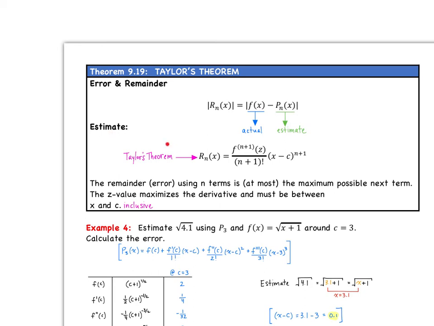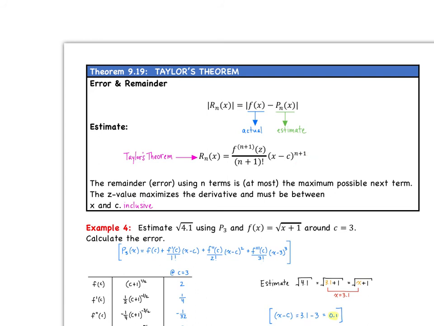This is Taylor's theorem right here, and we're going to get more into this in the next video, where we'll talk about what this represents. Taylor's theorem says the remainder is equal to the n plus 1 derivative at z over n plus 1 factorial times x minus c to the n plus 1.